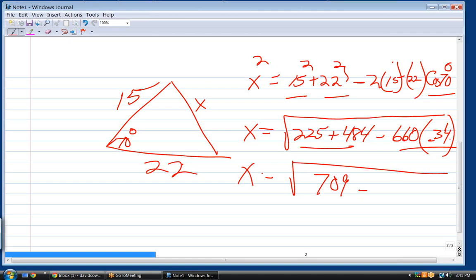What's 660 times that decimal? Hold on, I'm just going to do the whole thing. 660 times the decimal is 224.4. And what's the square root of that difference?